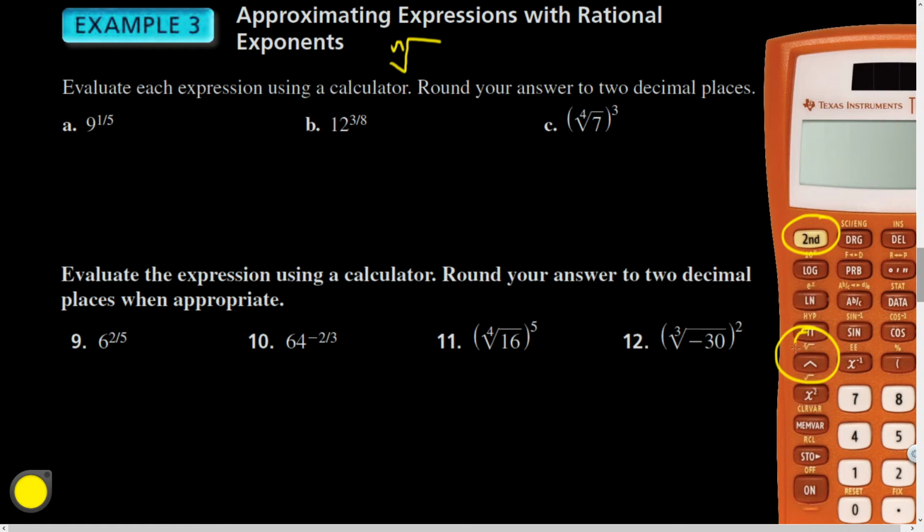And there's an, I guess they call it an xth root in that case. But the order that I do it matters. And so what I would do is I would hit the index, in the case of these calculators, the index, then I'd access the nth root, and then I would type my radicand.